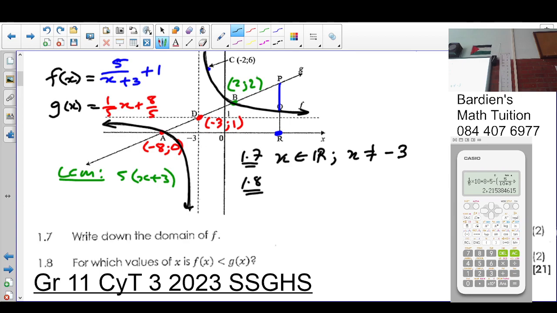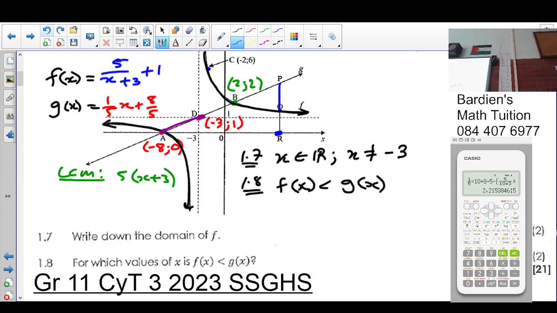For which values of x is f of x less than g of x? Always the g of x graph on top of the f of x graph. Okay. So here we can see it's g at the bottom, and I'm not interested in that. They want the g of x to be on top, or greater than. Here the g of x graph is greater from negative 8 to negative 3.